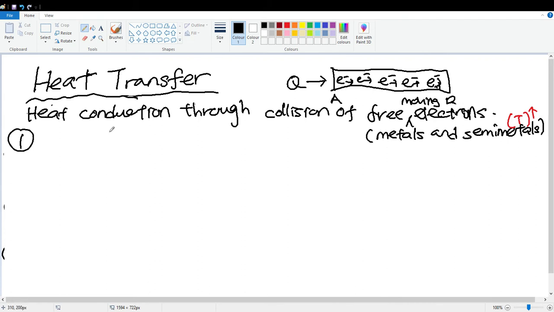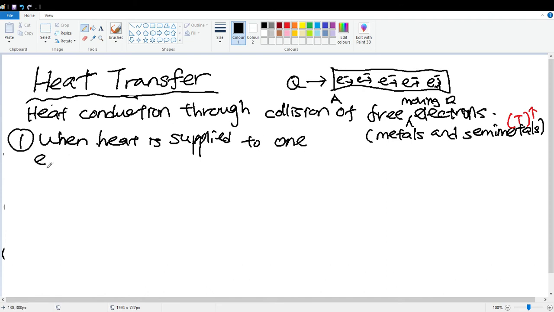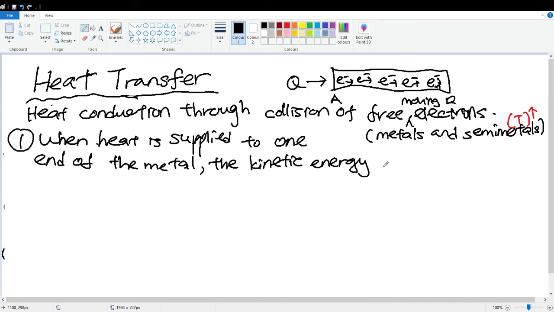So for the first statement: when heat is supplied to one end of the metal, the kinetic energy gained by the electrons will increase.